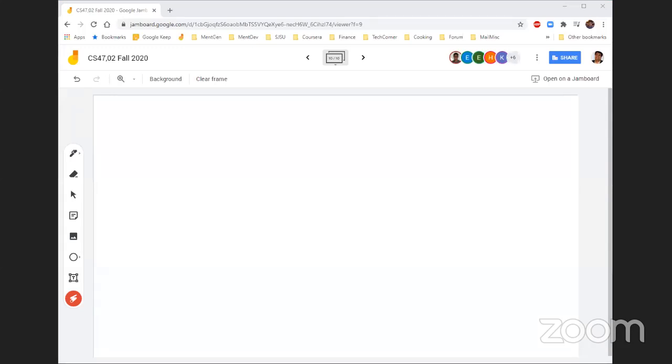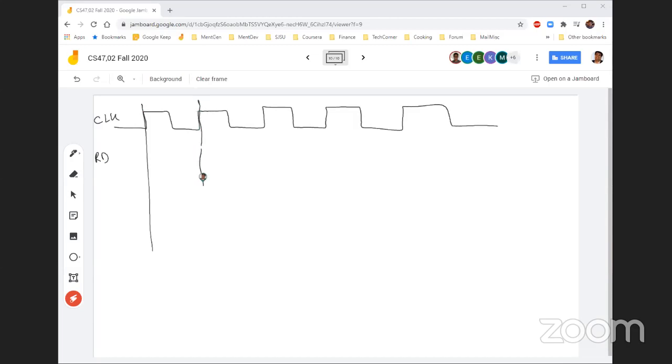So let's look through the timing diagram. Let's say this is my clock signal. Let's say this is my read signal. At this point, we are going to do a read. So my write signal will stay low at this point.